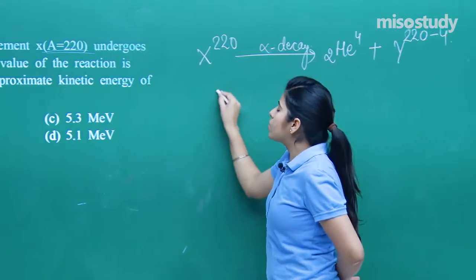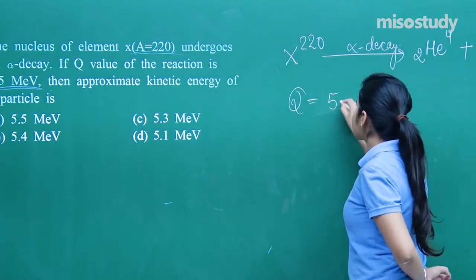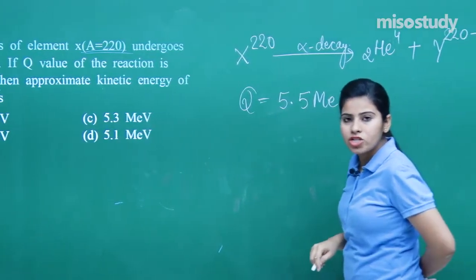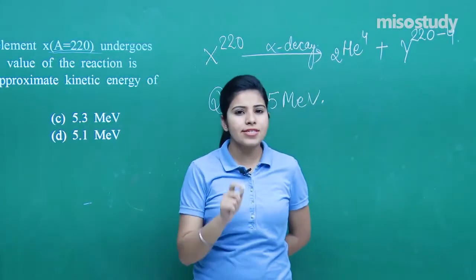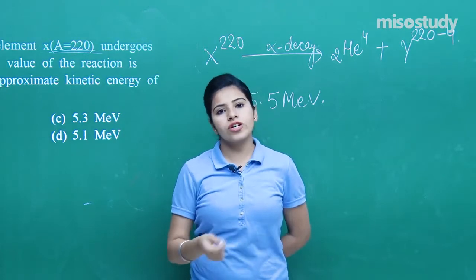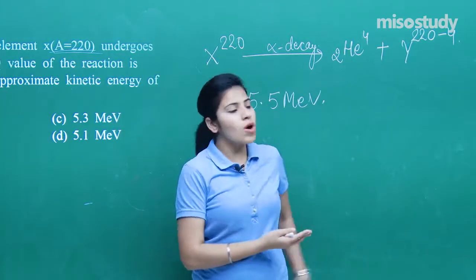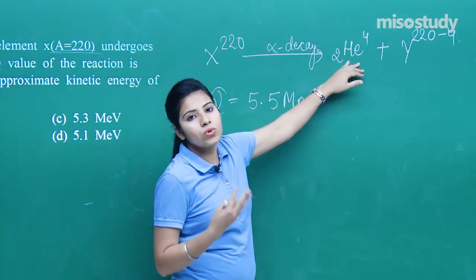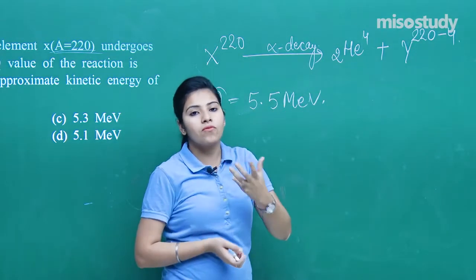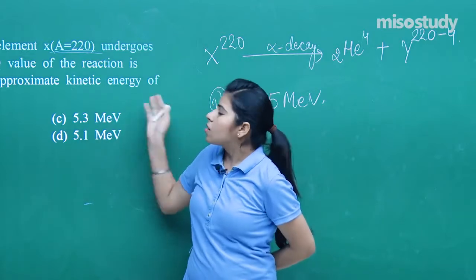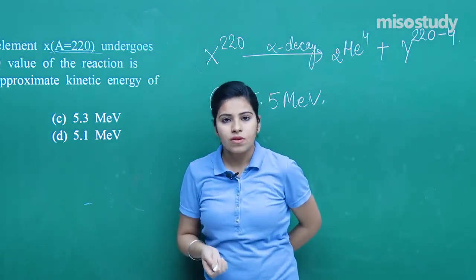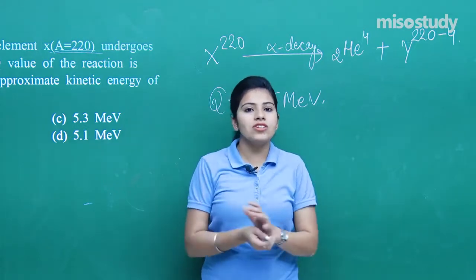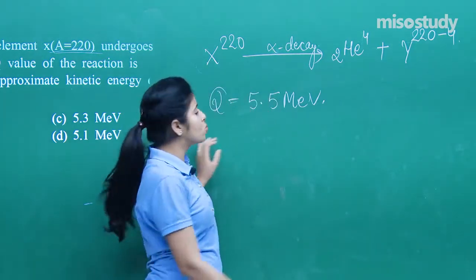Now we have been given the Q value and we have to tell the kinetic energy. Let me tell you, this is a simple question. No question can be easier than this. You are given the Q value, you know the mass number, and you can easily find out the velocity. Sorry, the kinetic energy. But yeah, for the kinetic energy, we need to know the velocity. So what will we be doing?